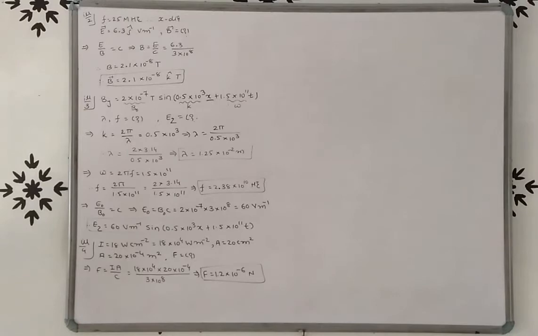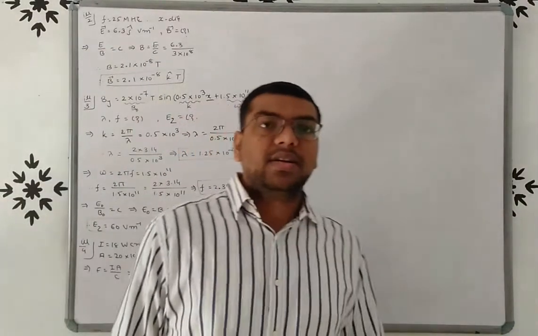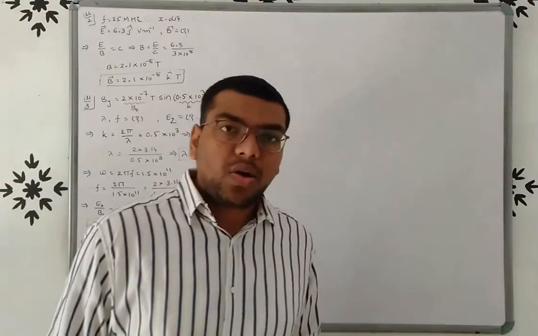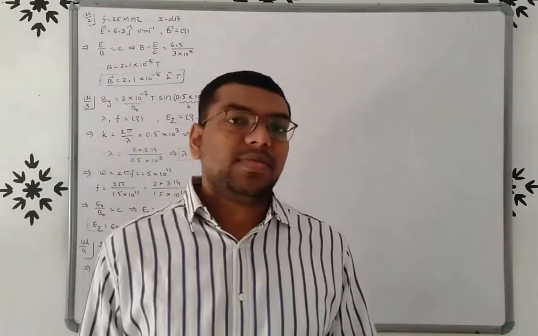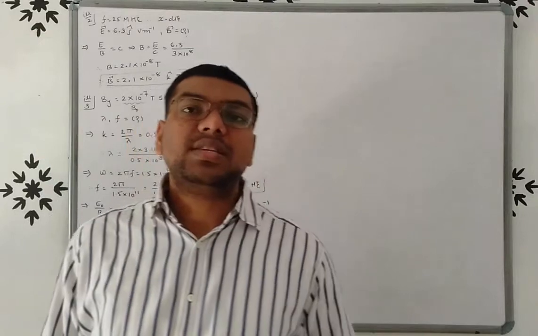Now friends, if a reflecting surface is given, here a non-reflecting surface is there, but if there is a reflecting surface, then you have to remember the force is double.